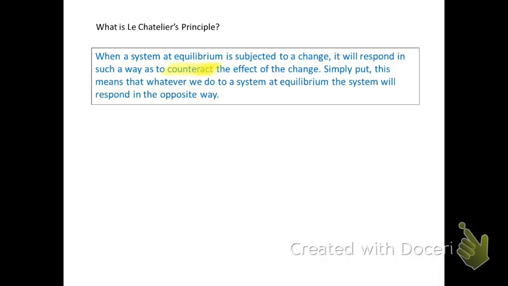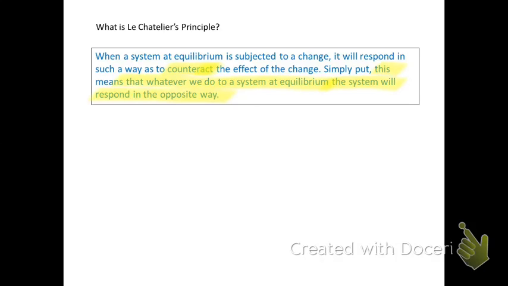So simply put, this means that whatever we do to the system at equilibrium, the system will respond in the opposite way.